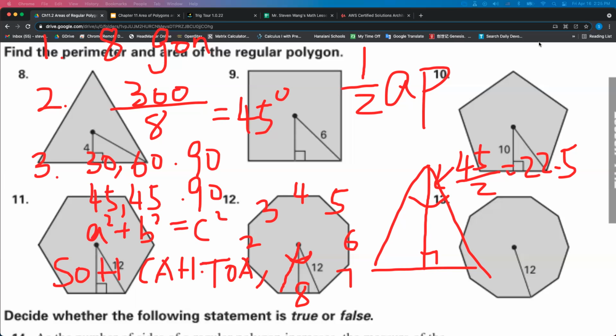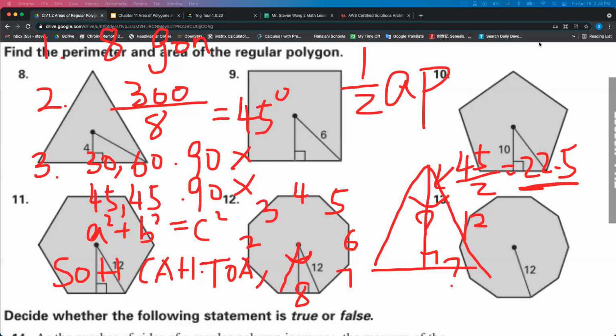Well, obviously 22.5 does not meet the special triangles, so we can toss those 2. Since I only know this 12, which is my hypotenuse, and I don't know this side or this side, I cannot use the Pythagorean theorem. Now leading to the last option, which is using the trigonometry functions with SOHCAHTOA.